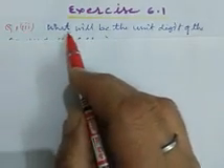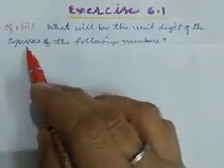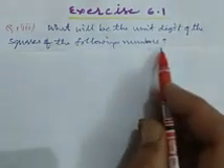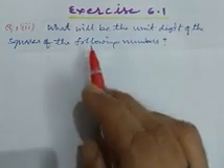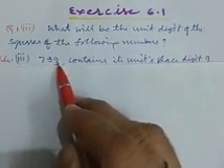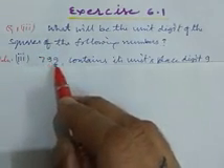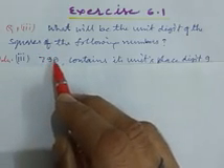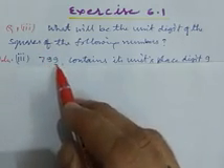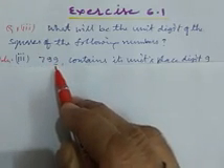Here is question 1. What will be the unit digit of the squares of the following numbers? Okay. This is the number 799. So without multiplying, we have to find it. 799 has the unit digit 9.